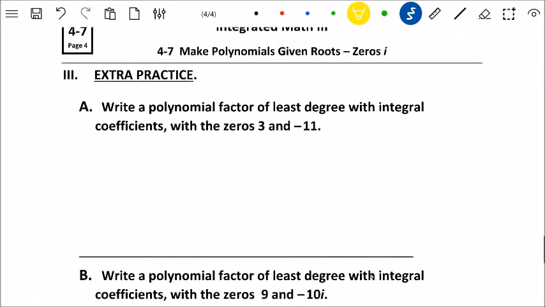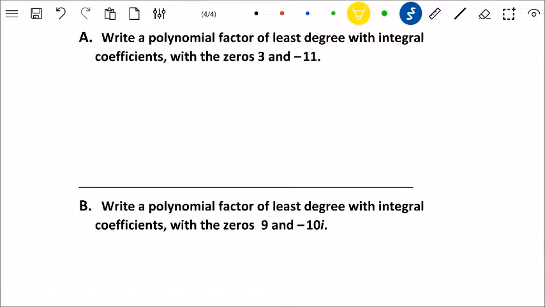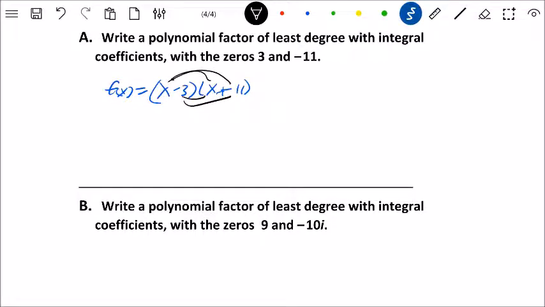Okay, now let's look at these extra practice problems. Well, there's no i's in this one, so that means that the function of x is equal to opposite the 3, opposite the -11. And that's just a matter of multiplying these so that the function of x is equal to x squared plus 11x minus 3x minus 33.